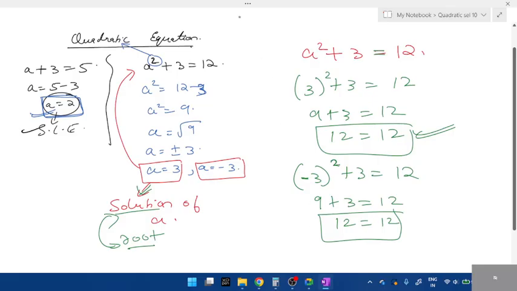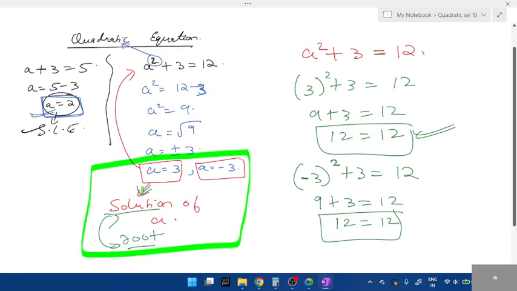If this condition is satisfied, then it is known as the root or solution, basically the answer. So in the exam, whenever you come across the word root or solution in quadratic, remember it's the answer for that variable.